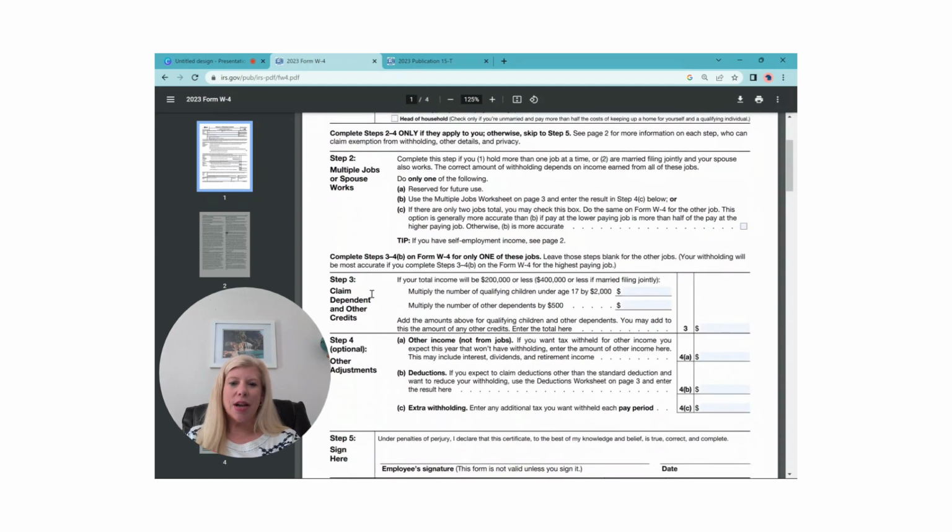Down here, it's going to ask about your dependents. It wants to know if you're claiming any children on your return. The reason for that is if you have children under 17, and you're within certain income limits, you are probably getting this $2,000 child tax credit on your return. So this is telling the system, hey, we don't want to withhold too much.